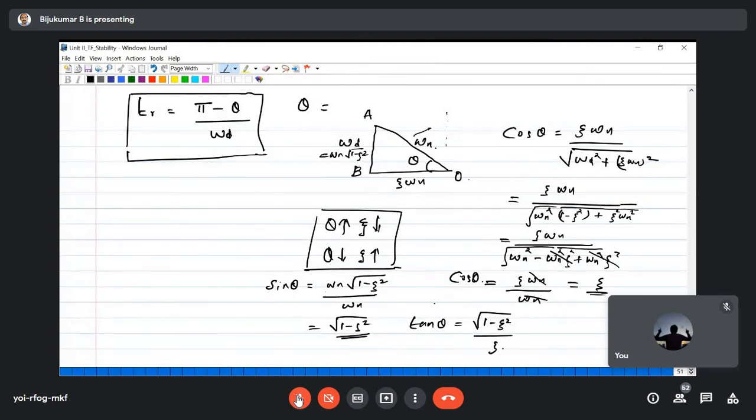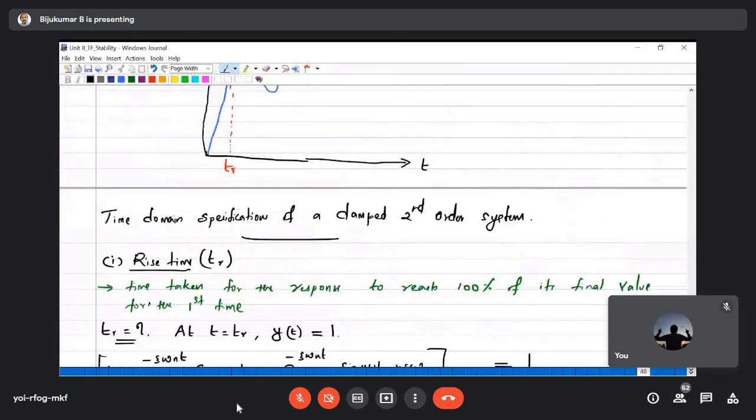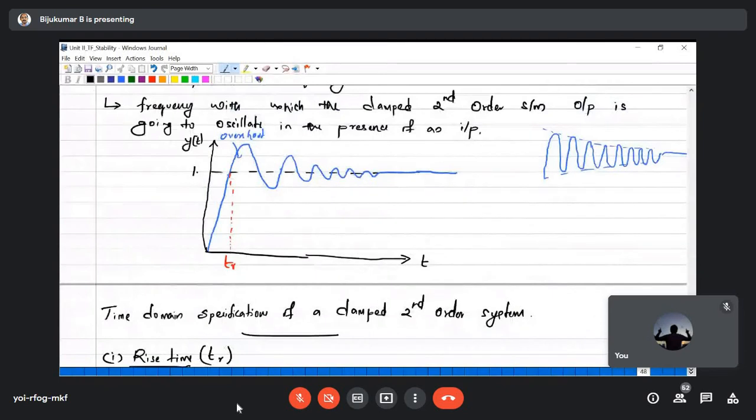So if I know a damping ratio, I can calculate theta as well as omega d. So if I know all those things, I can calculate the rise time. Correct? Clear? Yeah. So we have another time, peak time. The second one is peak time.